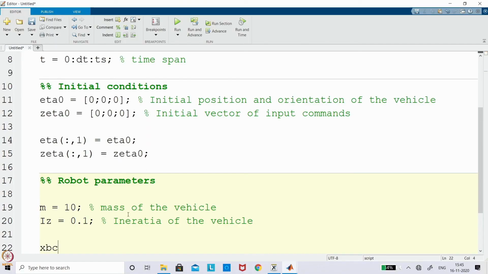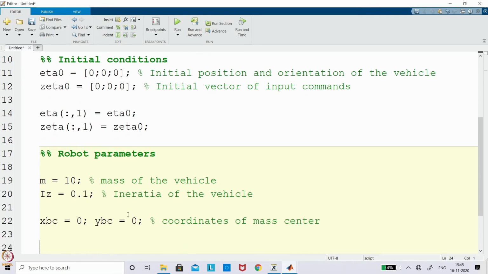In the sense XBC is 0, I am taking, but I'll bring it. So these are the coordinates of the mass center. So what else is required? That's all. So we'll move to the system or state propagation.